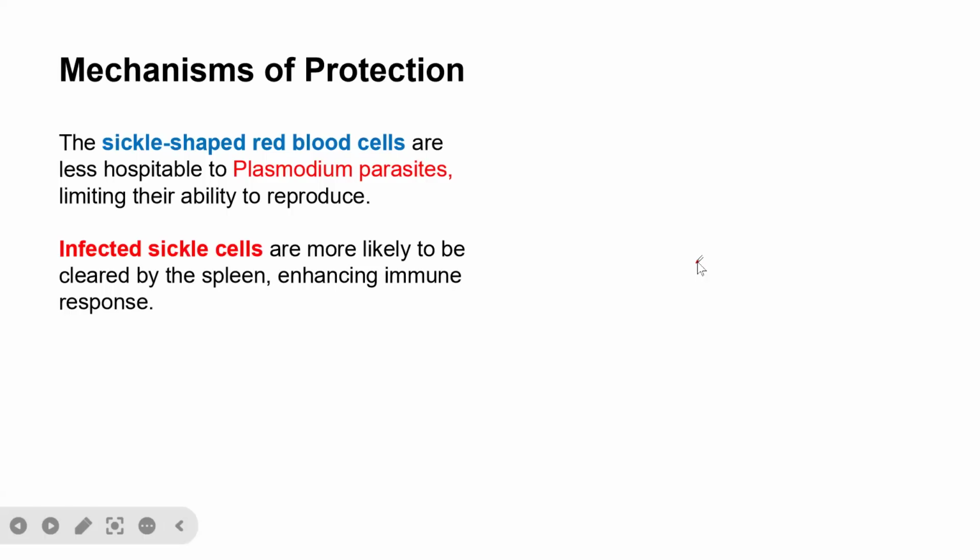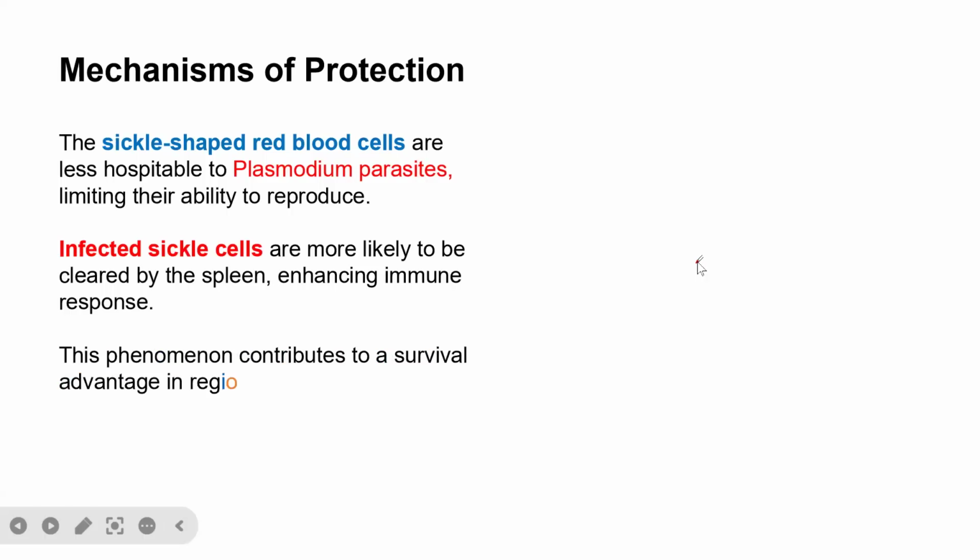So you see, one of the very interesting things is that when someone with sickle cell red blood cells is infected with malaria, all those infected sickle cell red blood cells will be cleared, they will be eliminated by the spleen, and this enhances immune response.